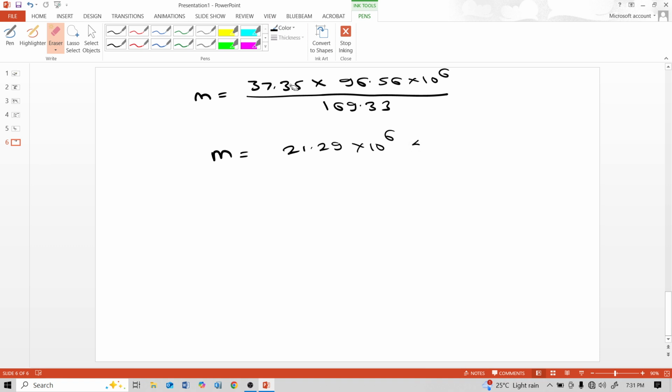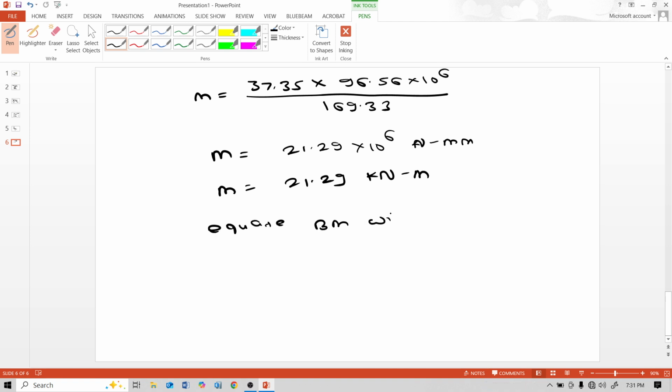Because this 37.35 is in Newton per mm square, and this value is in mm, and this is in mm square, so the unit is Newton mm. M is equal to 21.29 kilonewton meter.